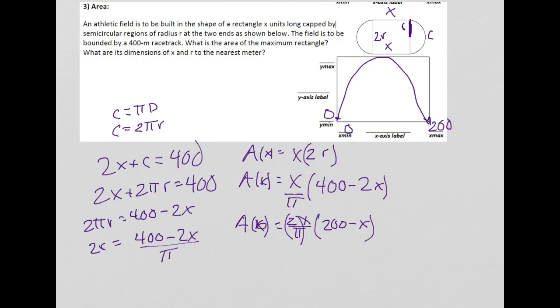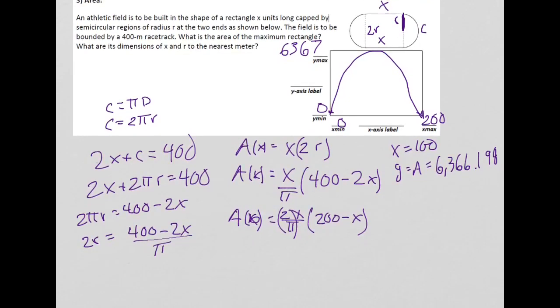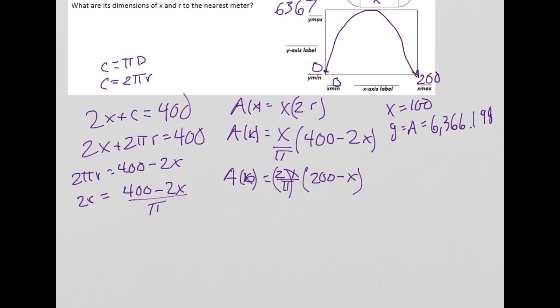The y max should be 6,367-ish, somewhere up there, because it tells me that my maximum x value is 100. It tells me my maximum y value, which is actually my area, is 6,366.198. So the question is, what are the dimensions x and r to the nearest meter?